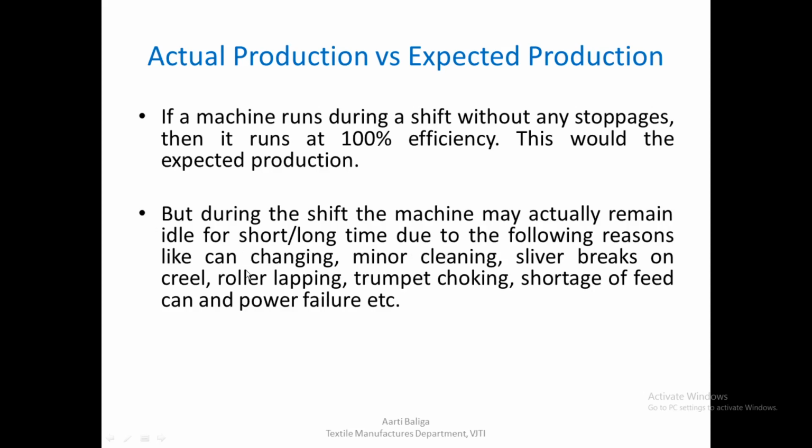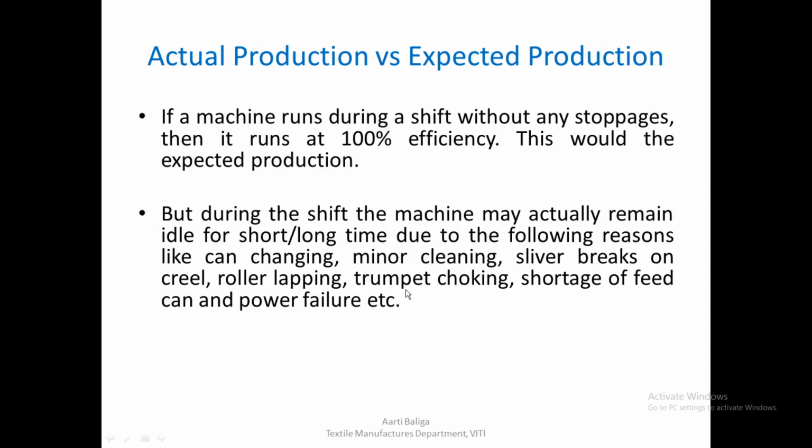The reasons could be can changing, minor cleaning, some breakdowns, sliver breaks on the creel. Suppose there is roller lapping, so you need to stop the machine and clear it. The trumpet could choke, there is a shortage of feed cans, or even power failure at times. Due to any one of these reasons, the machine might stop for some time, and this leads to loss in production, and therefore the efficiency of the machine would decrease. It would not be 100%.